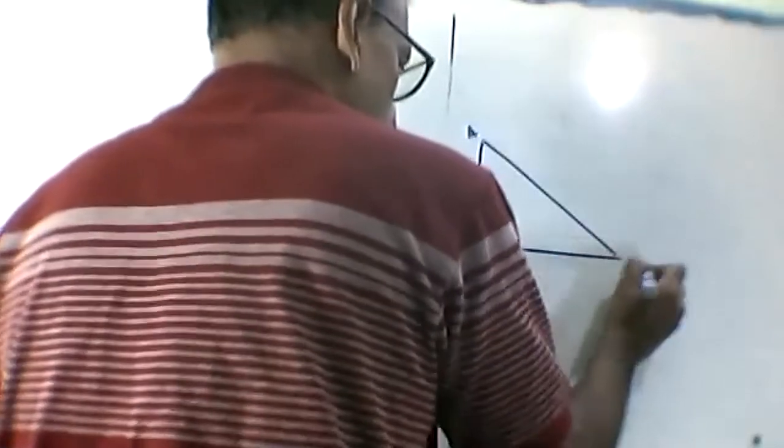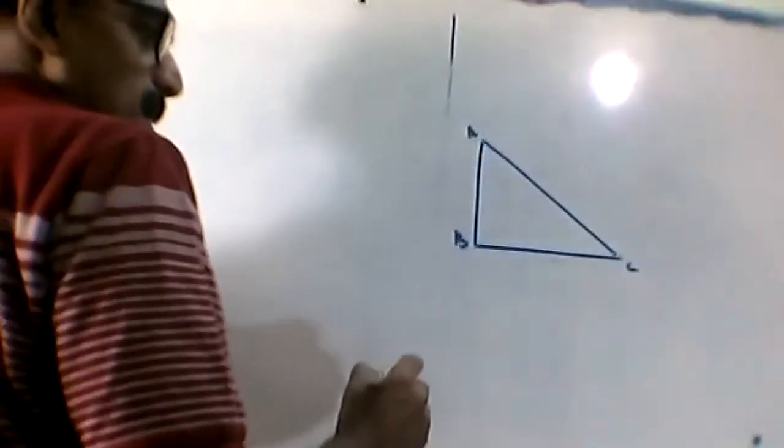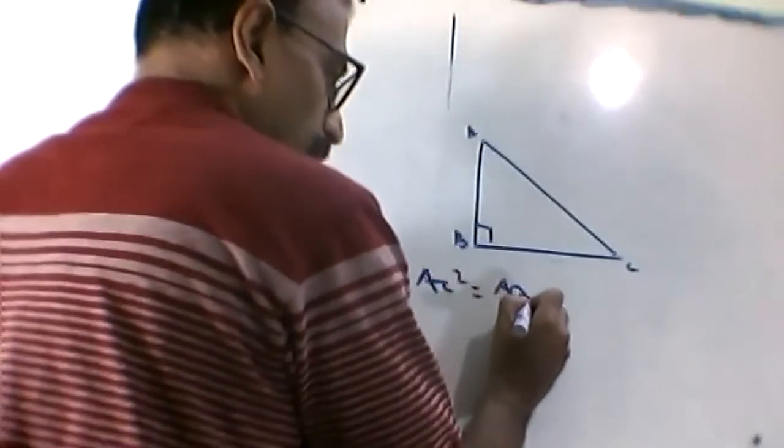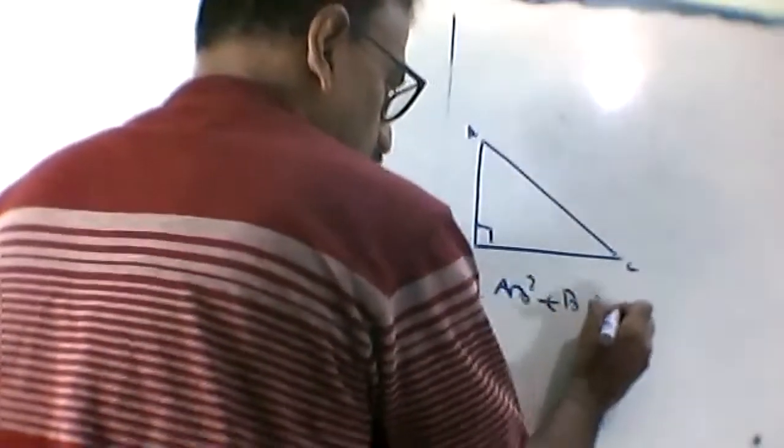So that means AC square equal to AB square plus BC square. You learned this one.